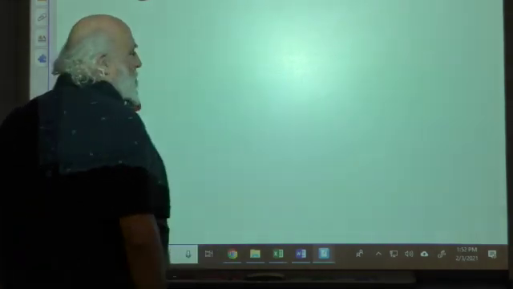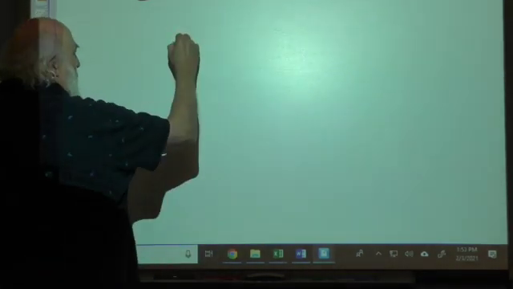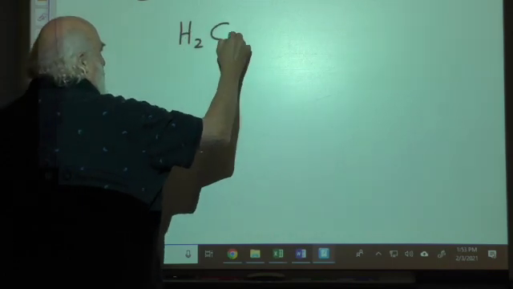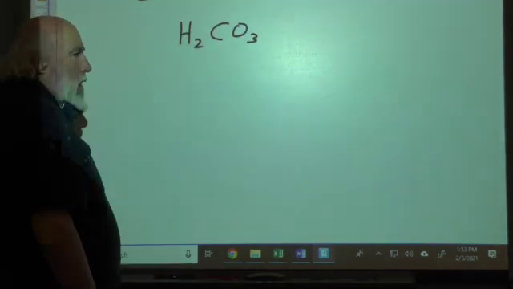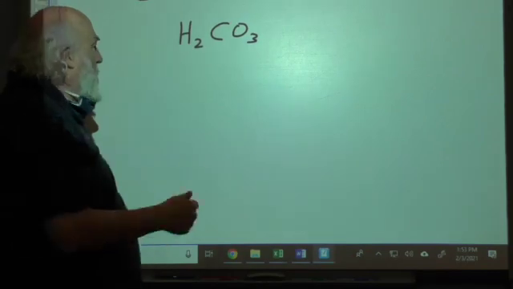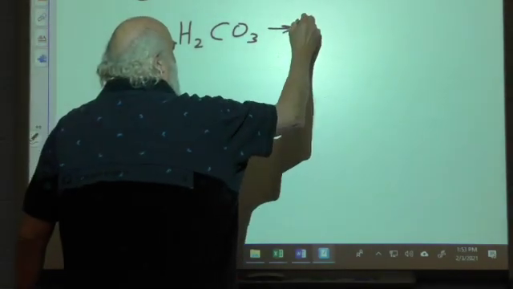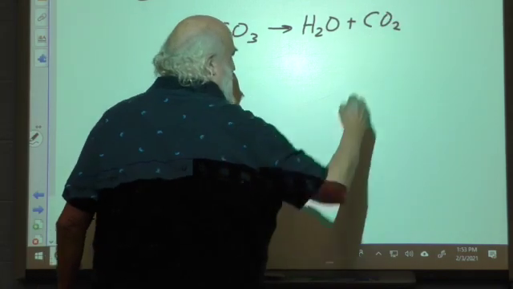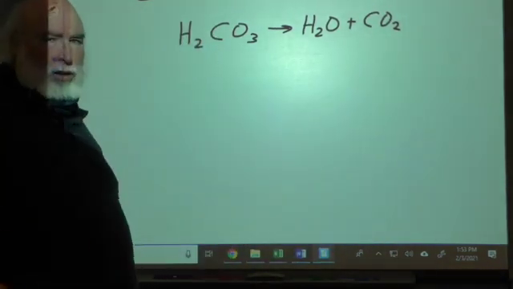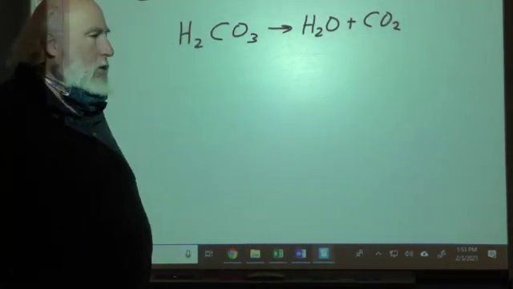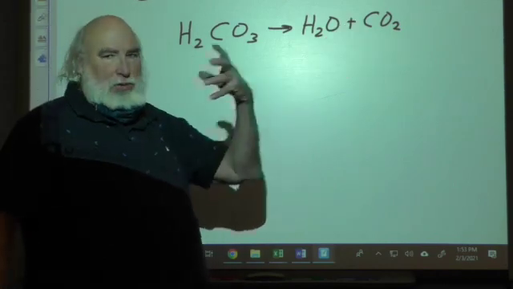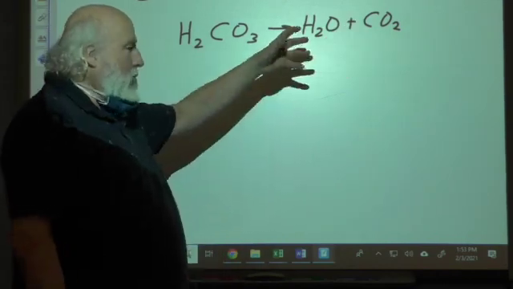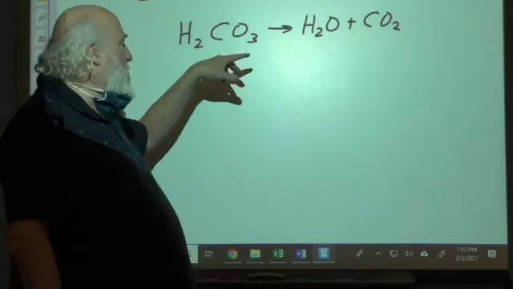Now this is the stuff in soda pop. The formula for it is H2CO3. And when you put it in water, it does break down into water and carbon dioxide. So this is the fizz that we experience in soda pop. It's the CO2 bubbles that we feel, and the leftover from that is water.